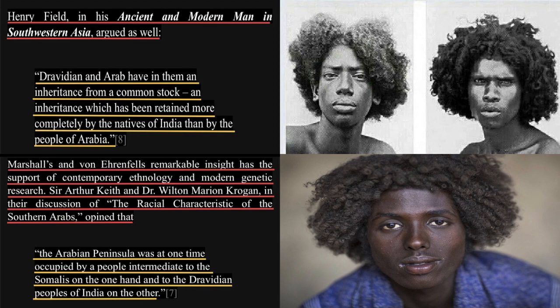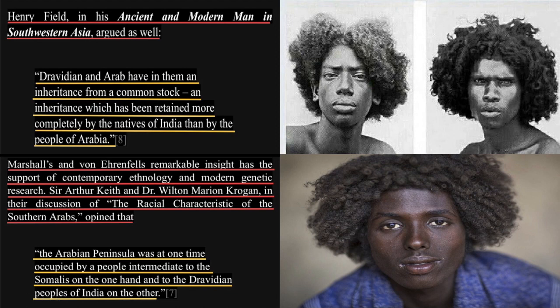So he believes that Dravidians and Arabs kind of come from the same people. An inheritance which has been retained more completely by the natives of India than by the people of Arabia. So if you look at the more native people of India, that's what he believes the Arabians would mostly look like. And over here are actually old depictions or pictures of Dravidian peoples from south India.